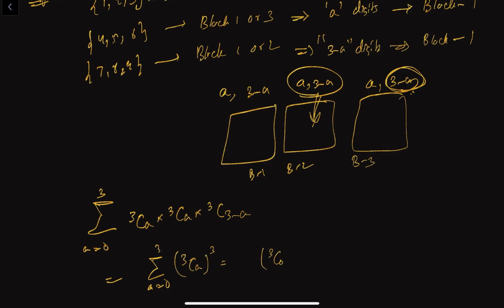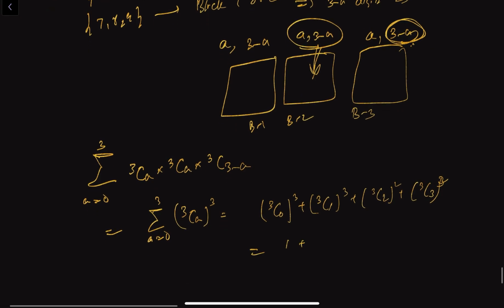That is 3 choose 0 whole cube plus 3 choose 1 whole cube plus 3 choose 2 whole cube plus 3 choose 3 whole cube, which is 1 plus 27 plus 27 plus 1, that is 56. So there will be 56 ways of deciding which digits go to block 2.